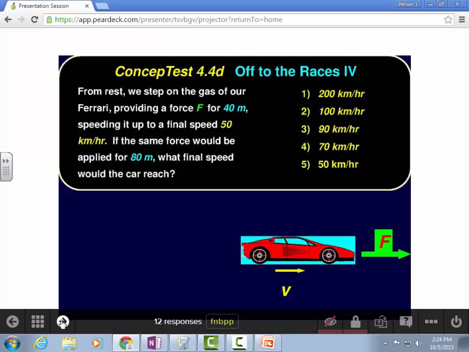What's V1? 50. What's the square root of 2 times 50? It's 70, roughly 1.4 times 50.